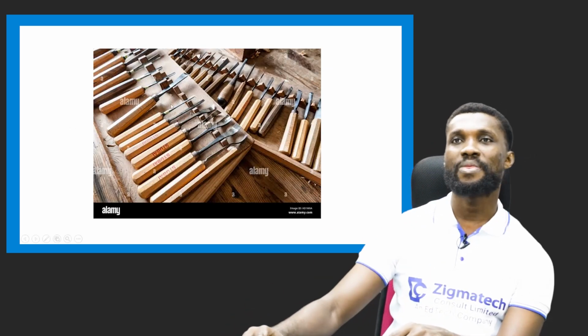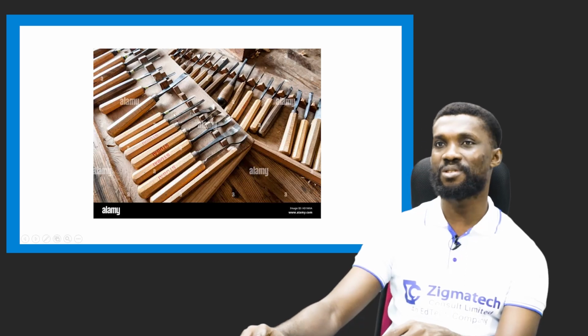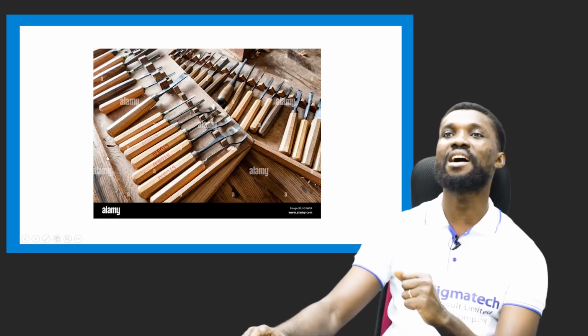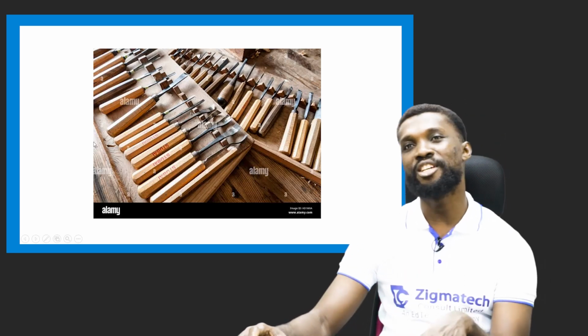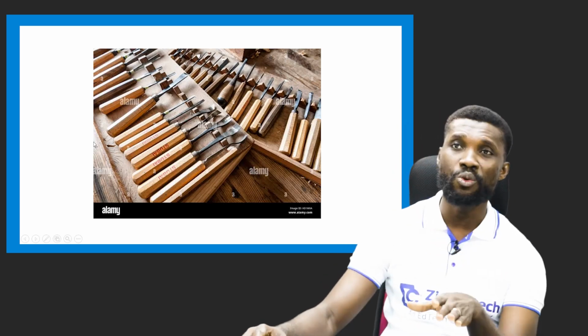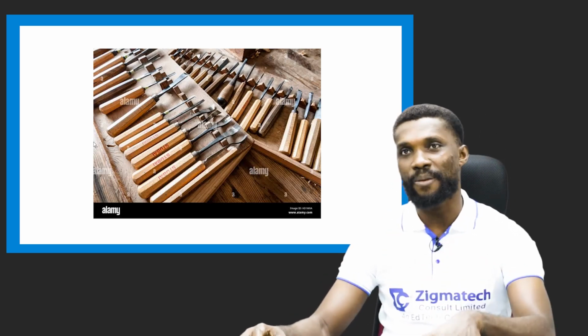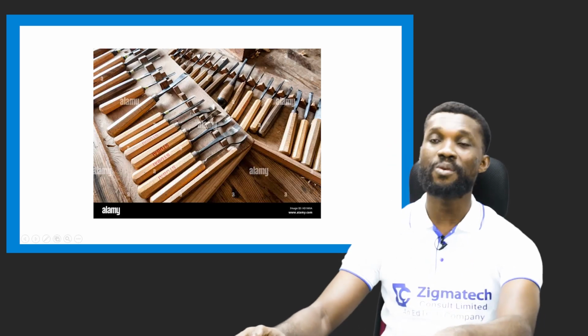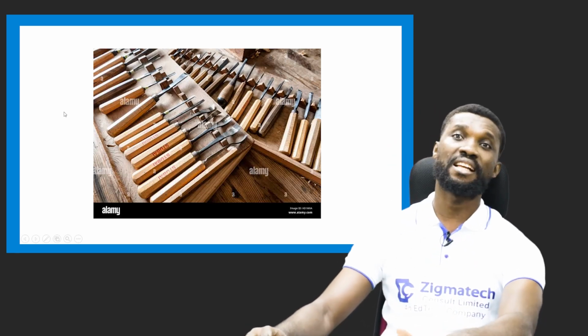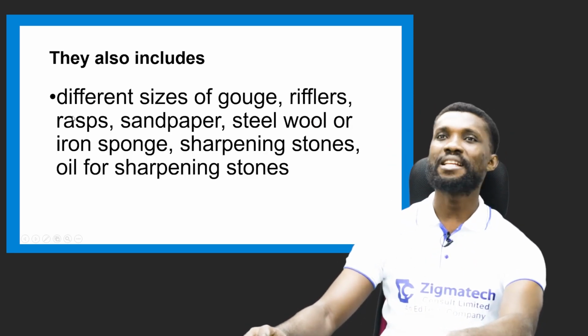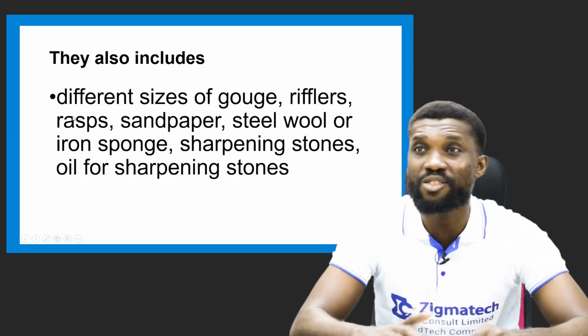Now, if you see, this is the carving chisel. This is a set of chisels. Each of these chisels has its own work, its own shape. They have exactly what they do. They don't do the same thing. Their nips and their mouths have different functions, and they function differently. They also include different sizes of gouge.